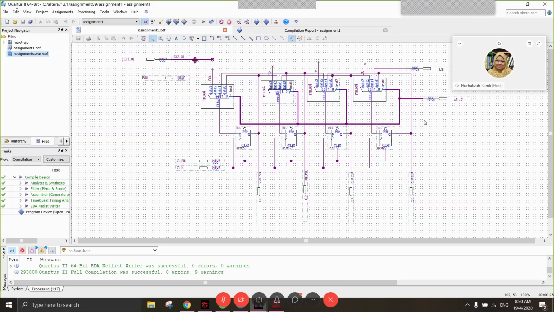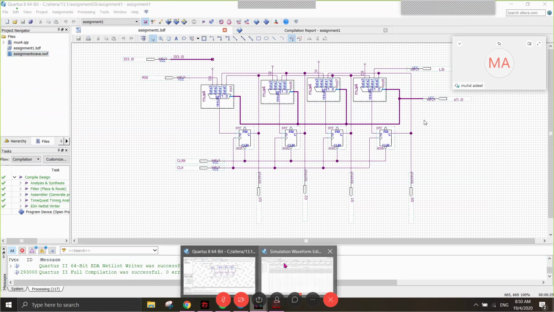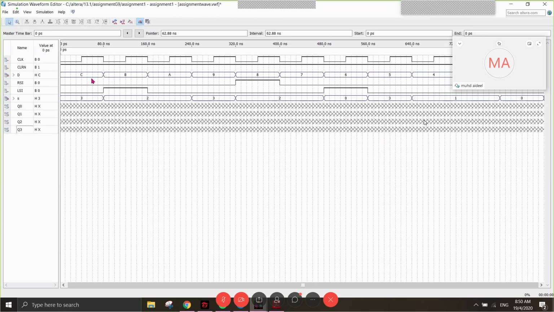Okay, so here is my full circuit, and I'm using a bus for the D input, and for LSI and RSI I'm only using a node line. For this waveform, I follow the input. Why don't you change the grid size?